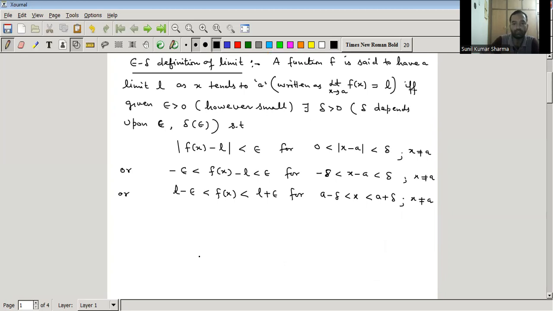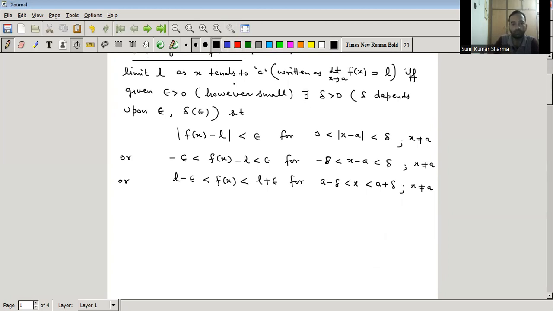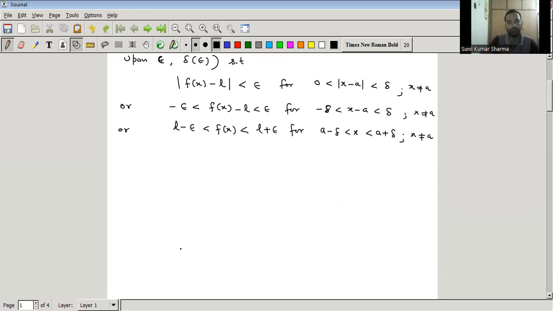So what is the meaning of this? Let us think about it, we draw the graph. So we take the x-axis and the y-axis.